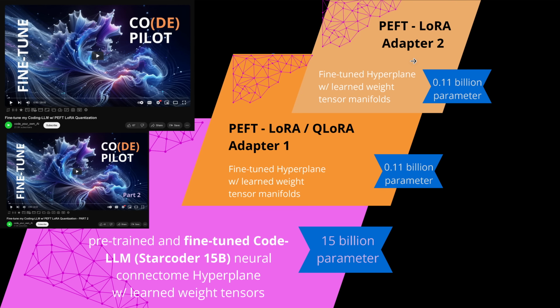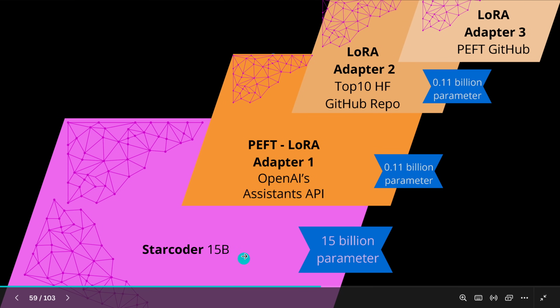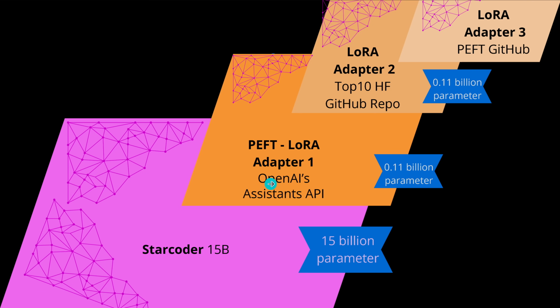My goodness, you need a very powerful compute infrastructure. And I showed you here in these 2 videos, StarCoder 15B. Then we chose here OpenAI's Assistant API. And I've showed you here when we code, when we extract from GitHub the top 10 Hugging Face repos.